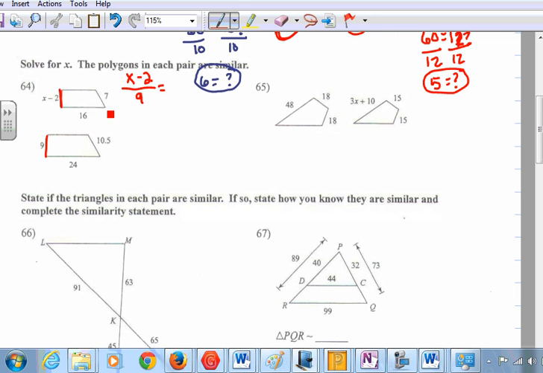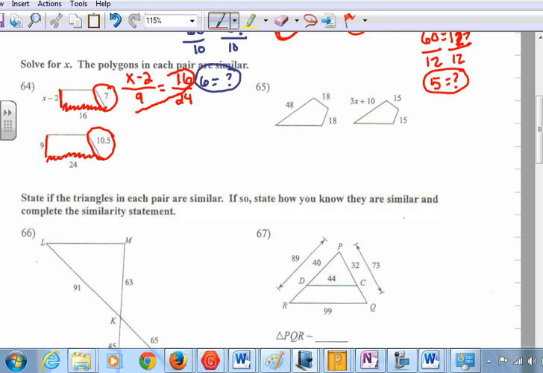Now, I have other sides labeled. I could say that 7 corresponds to 10.5. Or I could say that 16 corresponds to 24. I would prefer to avoid decimals if I can. So I'm going to go with the 16 to 24. Now I put the x minus 2 on top, so I have to put the 16 on top, which means the 24 goes underneath it.